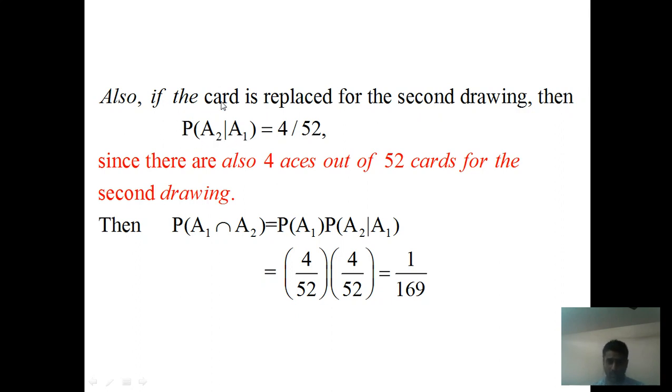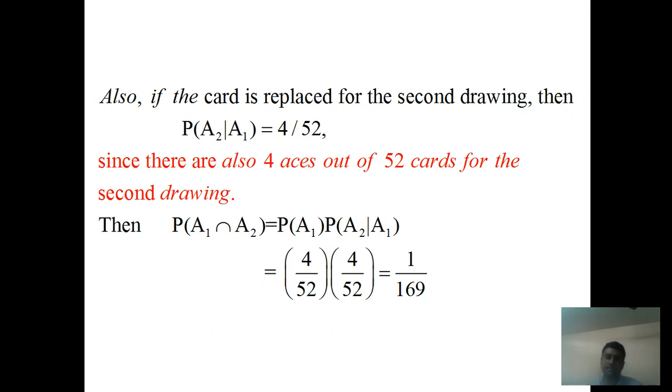Now this is the conditional probability, but according to our condition, we are interested in finding the probability of A2 when the first event is already finished. That is, the ace is already drawn in the first card, but the condition says that we have to replace the card.